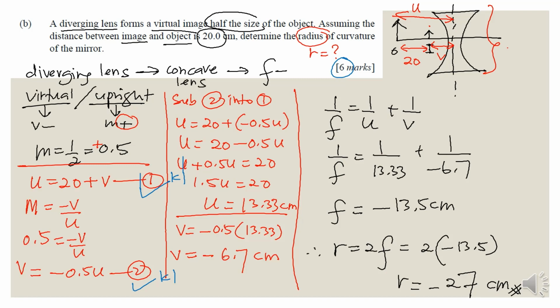Okay, kemudian jawapan untuk U. Okay, gantian untuk F dan jawapan, dan last sekali gantian jawapan dan unit untuk R. Okay, so ada 6 marks. Okay, that's all. Thank you.